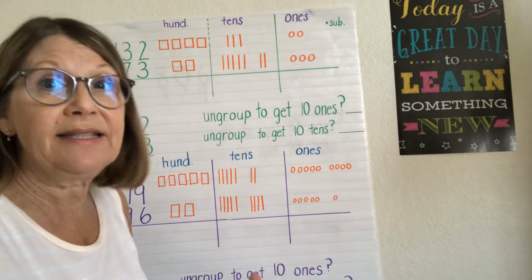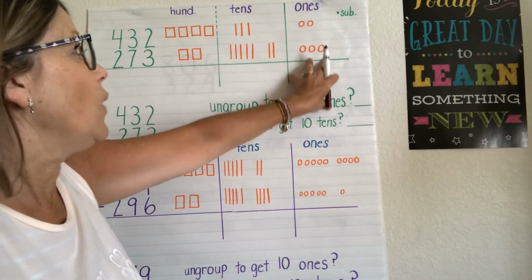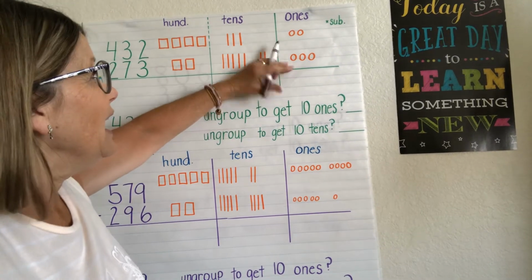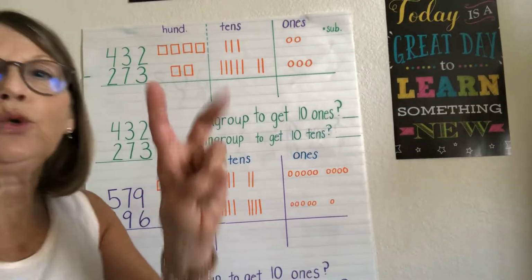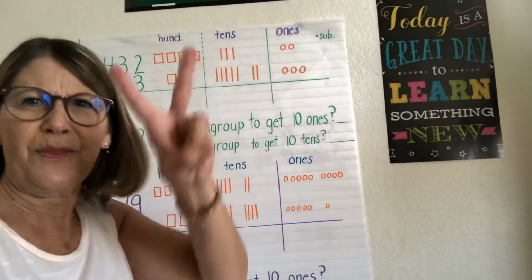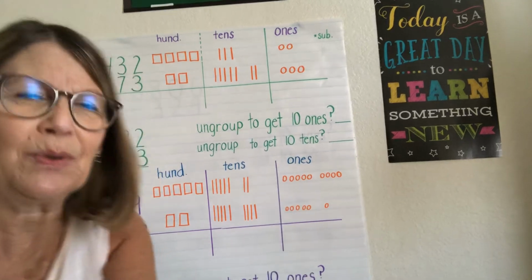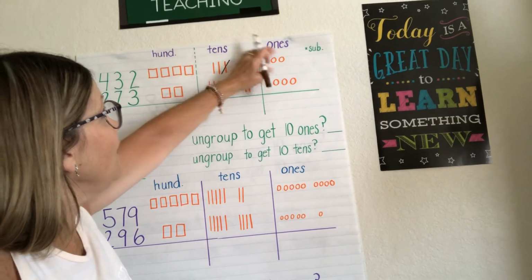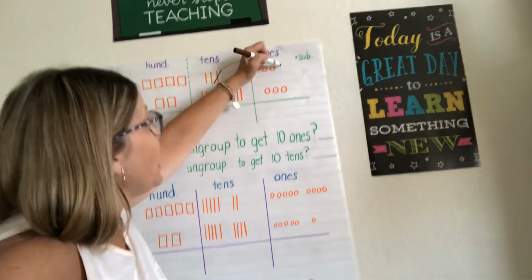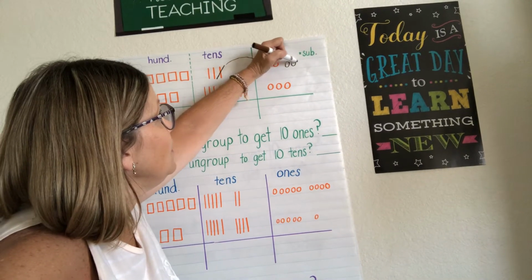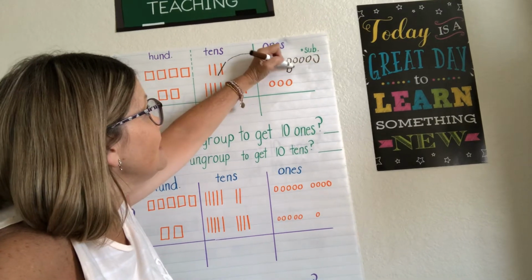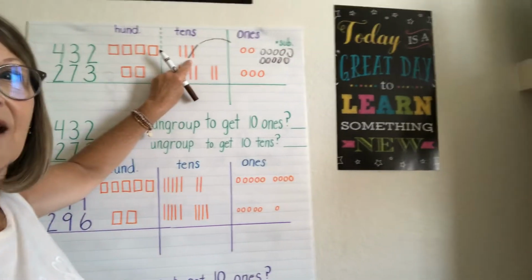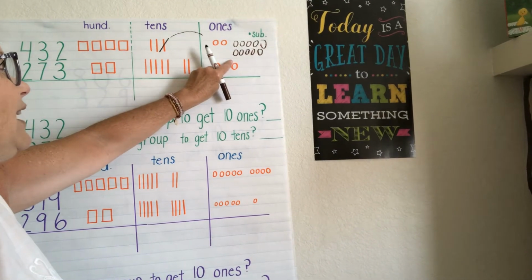Remember, I'm subtracting now. So I'm going to look in my ones. Is the bottom number bigger? Yes. If I've got only 2 ones, can I take away 3 ones? No, I only have 2. So I'm going to come to my tens, and I'm going to bring that over here, and I'm going to separate it. 1, 2, 3, 4, 5, 6, 7, 8, 9, 10. So I took a 10 and I ungrouped it and I brought it over here.